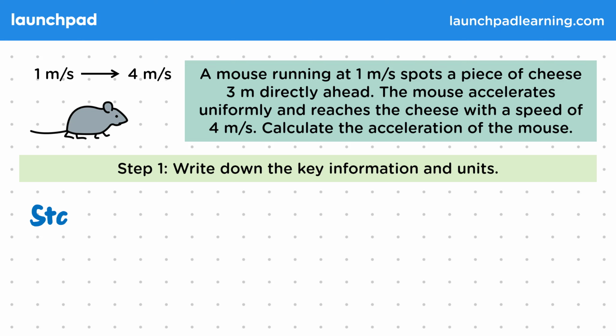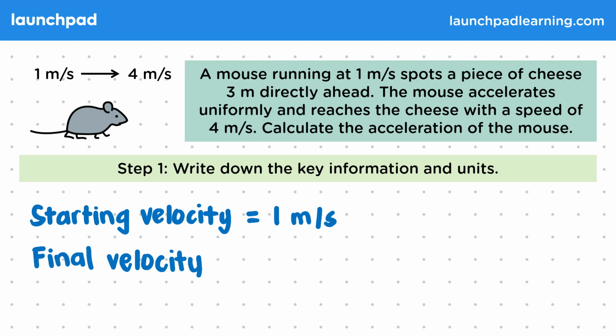We know that the mouse had a starting velocity of 1 meter per second, as this was its velocity when it started accelerating. Then the final velocity was 4 meters per second. The question refers to this as a speed, but from the context, we can assume there was no change in direction, so we can treat this the same as a velocity.